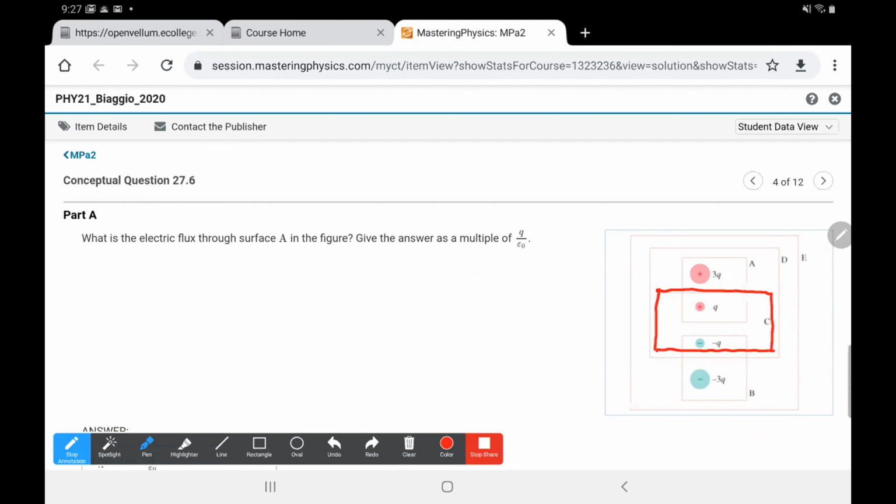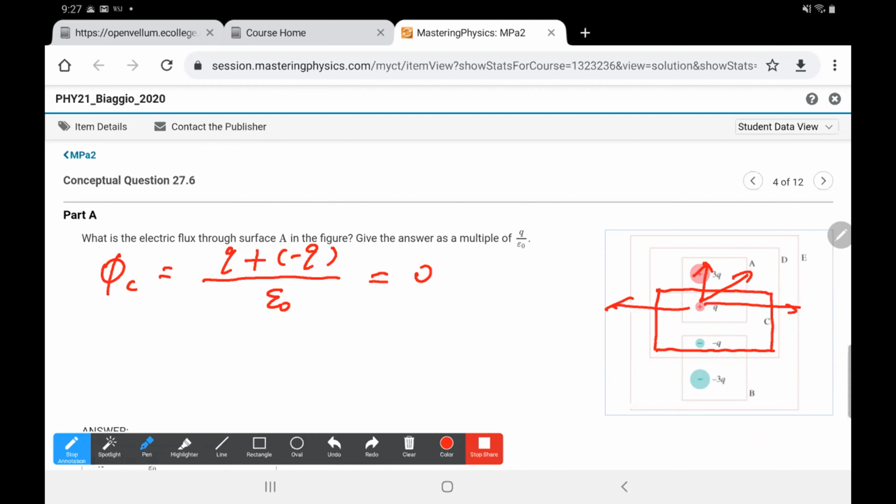It includes two charges. They have the same value but a different sign, not direction. So for the flux of C, that will be equal to Q plus minus Q over epsilon naught. So the total flux is 0. And you can think of it in this way. The positive charge generates electric field and it goes outside.